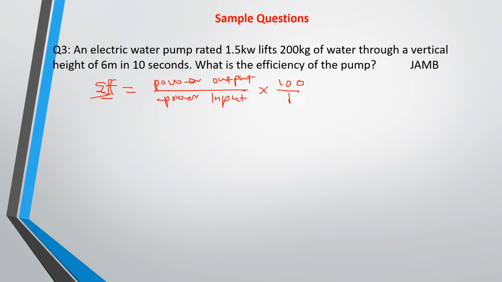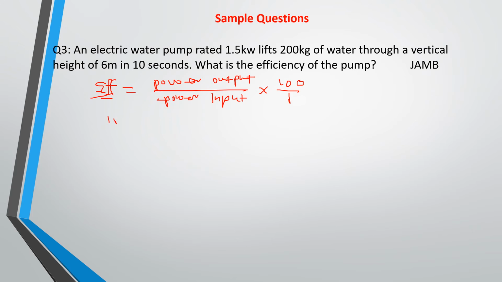Okay, so looking at what you are given, the power rating of the machine is 1.5 kilowatts. That is the power that the machine can put in to lift that 20 kg of water. So the 1.5 kilowatts is equal to the power input.